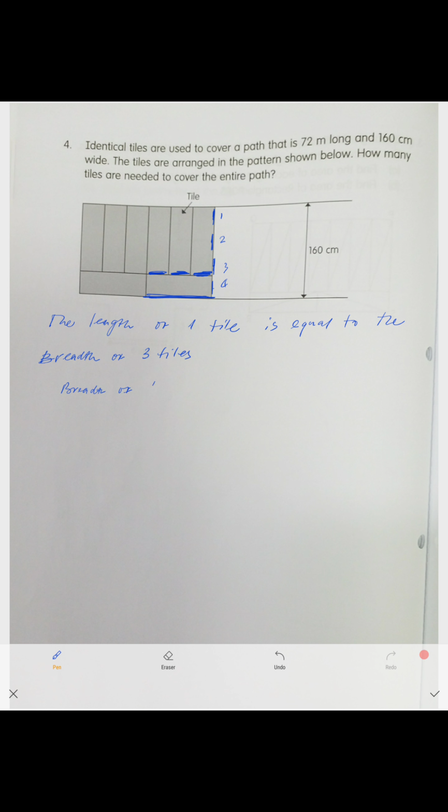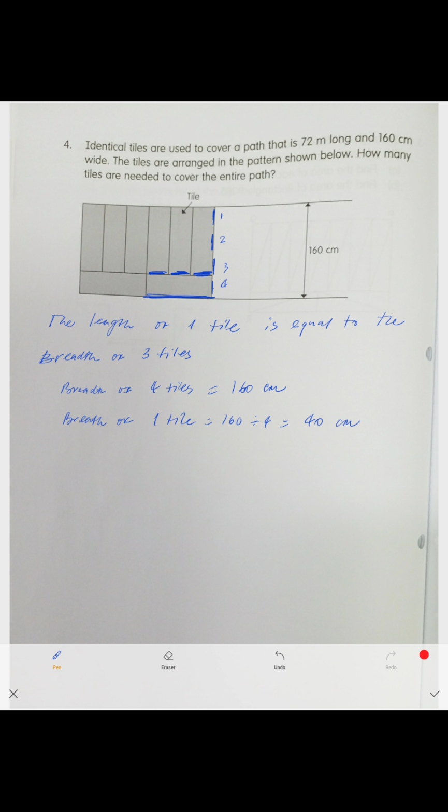It's like you put each tile this way. For example, the breadth of 4 tiles is 160 centimeters. So what is the breadth of one tile? The breadth of one tile is 160 divided by 4, which is 40 centimeters.